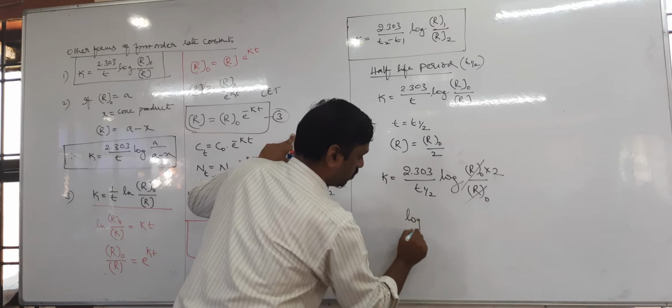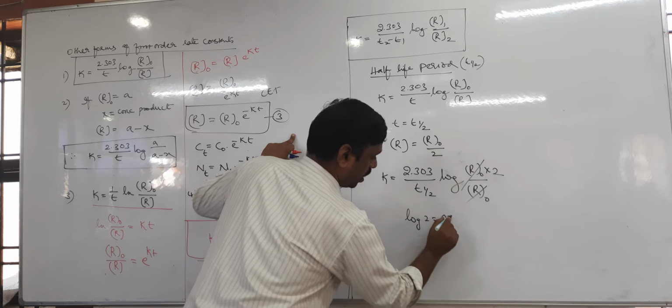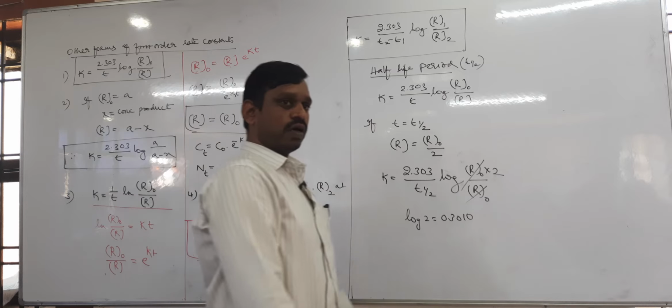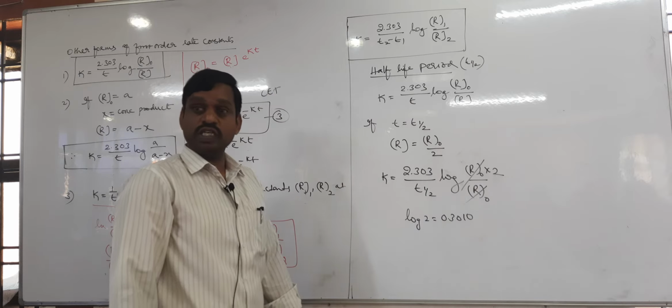What is the log 2 value? Log 2 is 0.3010. You can take 0.3 for calculation purposes. Tomorrow's class I will explain how to see the logarithm.